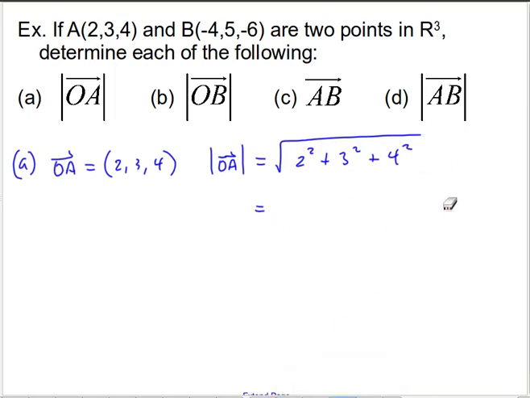That works out to be 4 plus 9 plus 16, and so we get 29. We get the square root of 29.